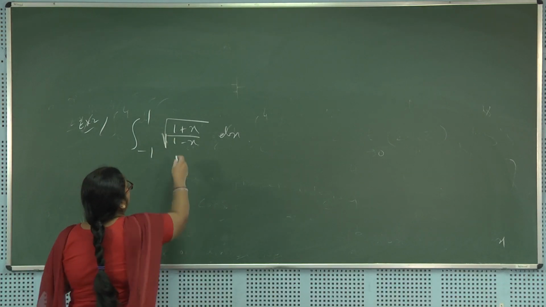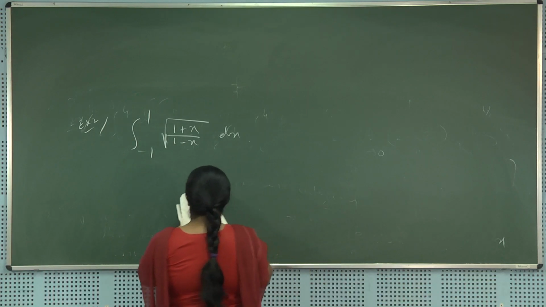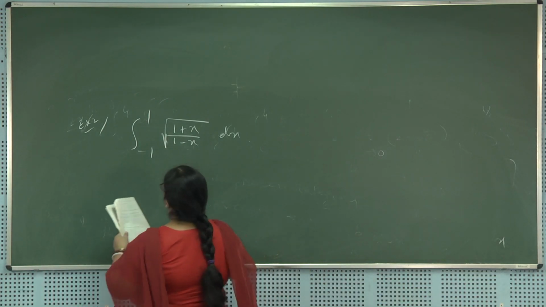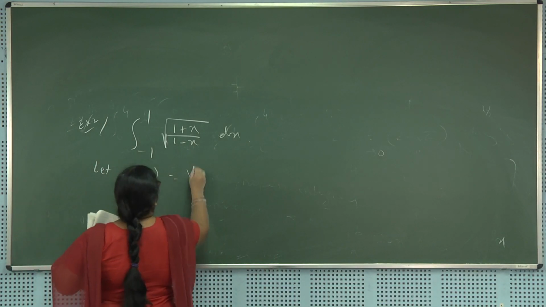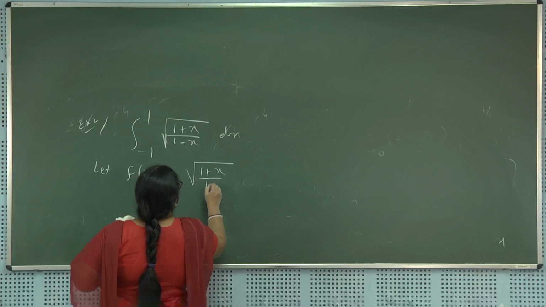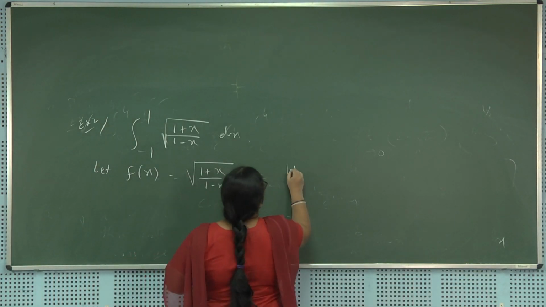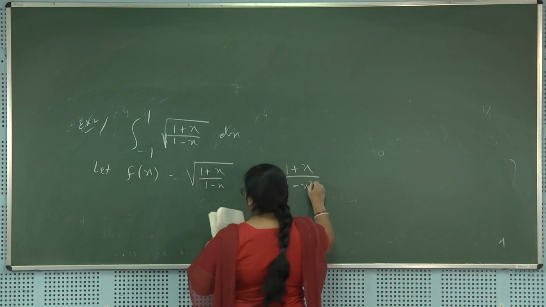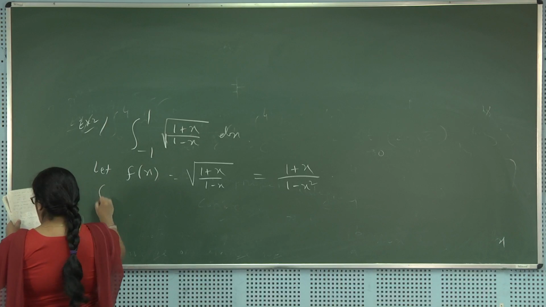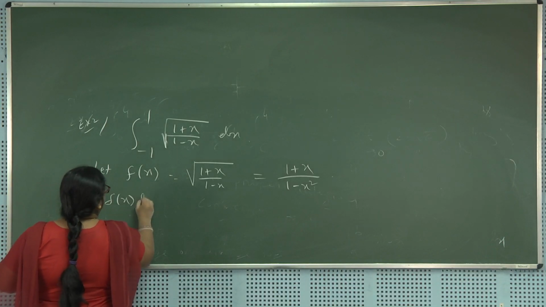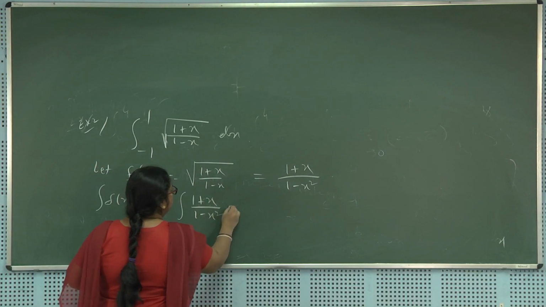What we will do is let f(x) equal root over of (1 plus x upon 1 minus x). Then you will try to rationalize it. If you rationalize it, it will become (1 plus x) upon root of (1 minus x square). Next, if you try to find the integral of f(x) dx, it is integral of (1 plus x) upon root of (1 minus x square) dx.